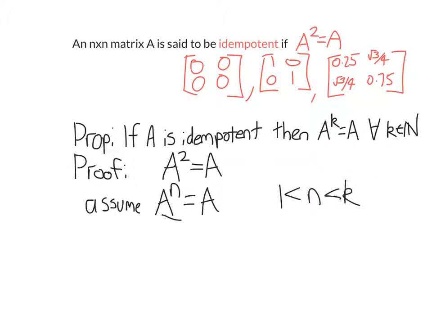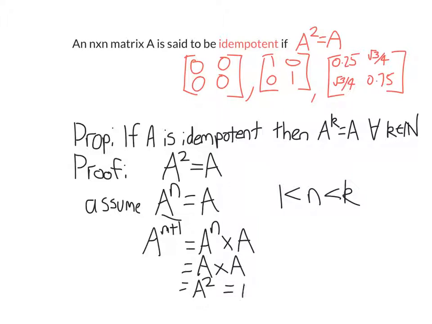Note, A to the power of n plus 1 is equal to A to the power of n times A. But A to the power of n, we said, was A. So A to the power of n plus 1 is equal to A times A, which is equal to A squared, which is equal to A, because A is idempotent.